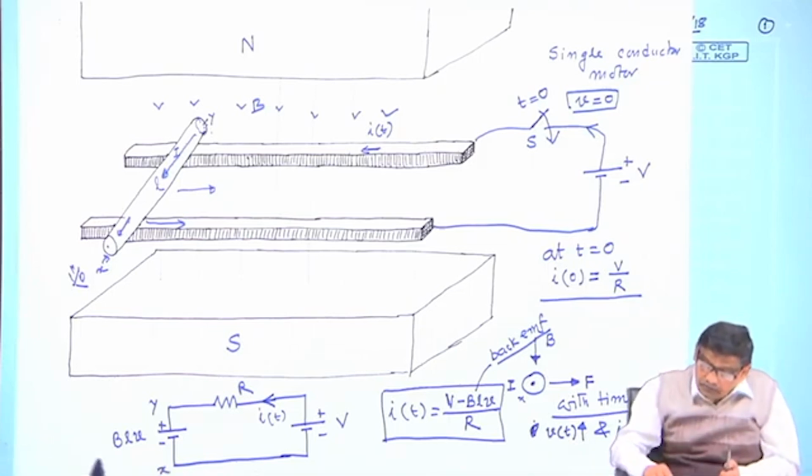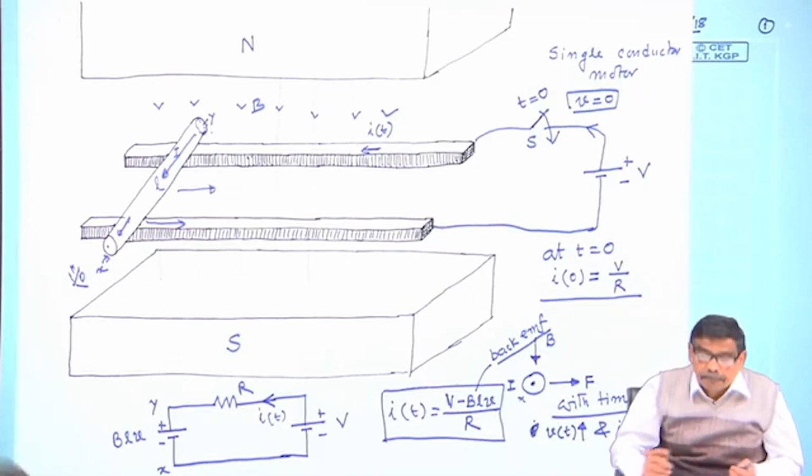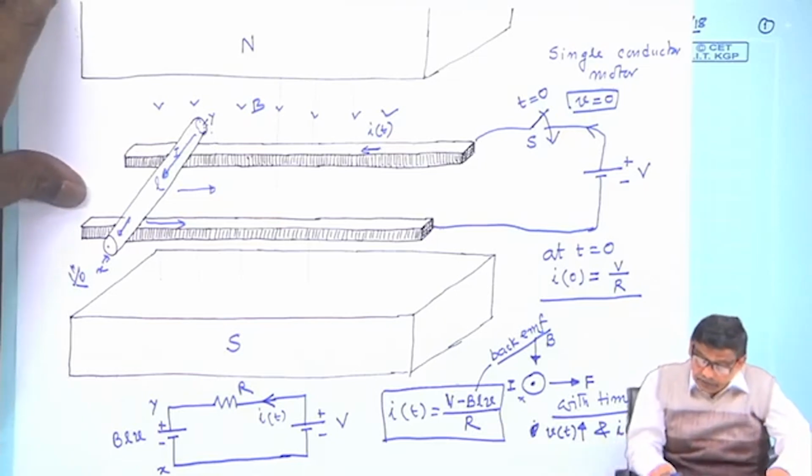Now, how this voltage and current change with time, I want to know mathematically. That is why we must write down these equations. So, one equation is clear.